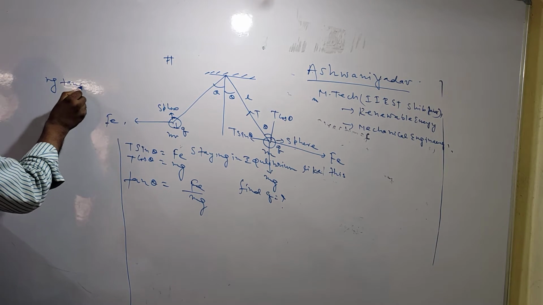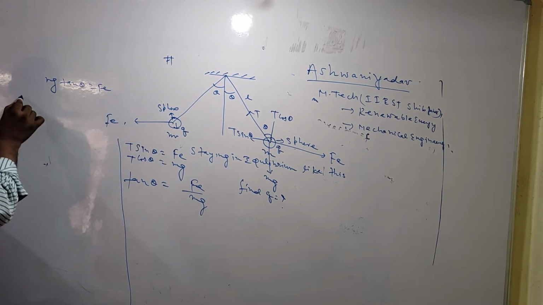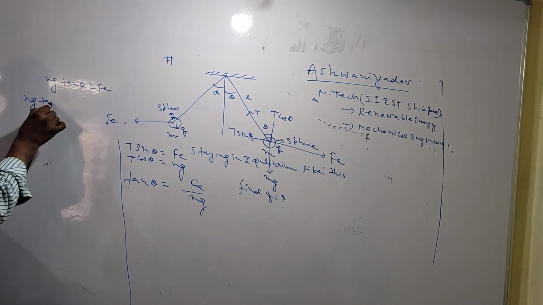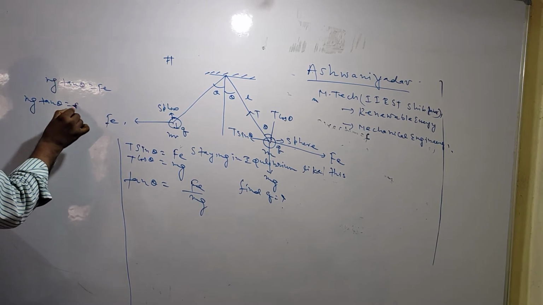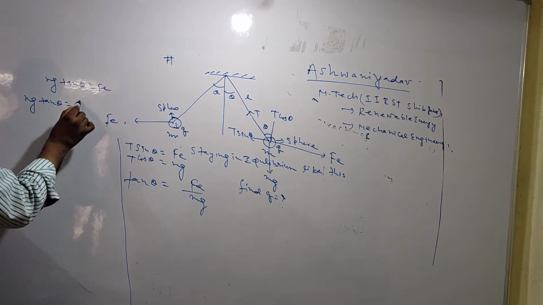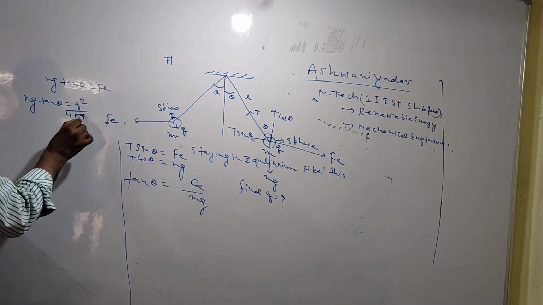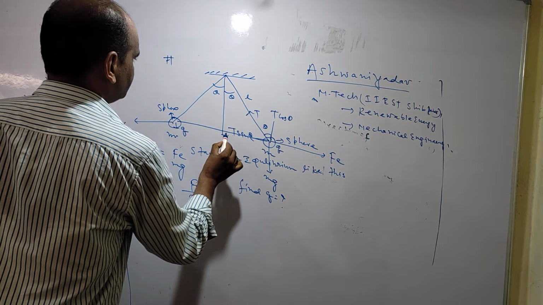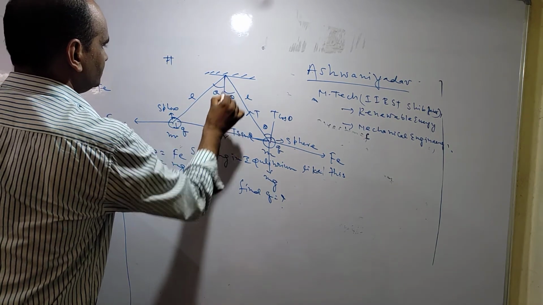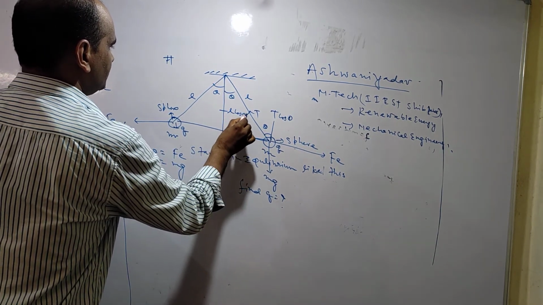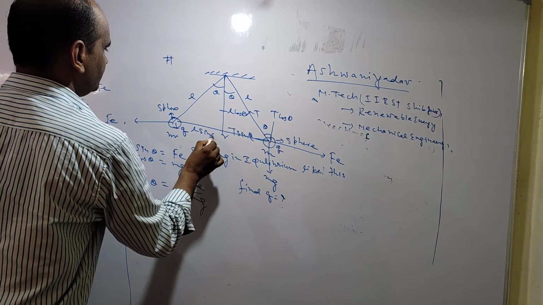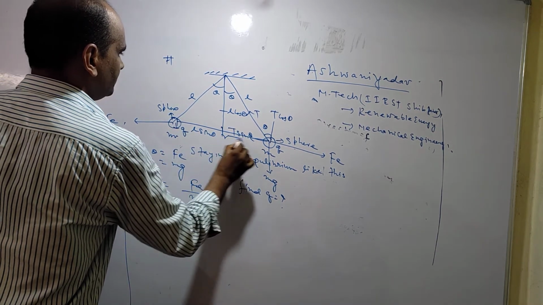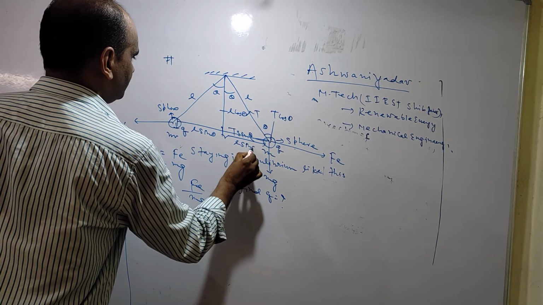Now mg tan theta is equal to Fe. So mg tan theta is nothing but q square by 4 pi epsilon naught R square, where R is the distance between the two charges. This is L, so this is L cos theta, and this will be L sin theta. This much L sin theta, another one L sin theta.